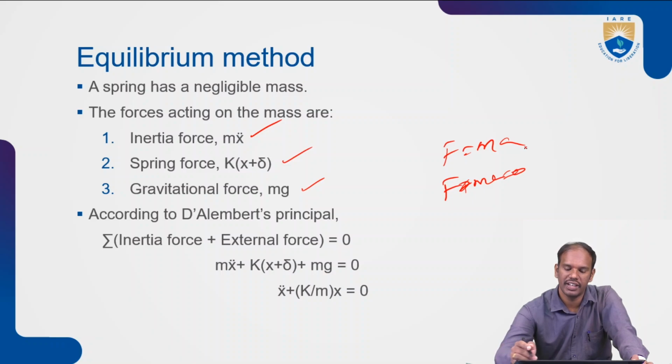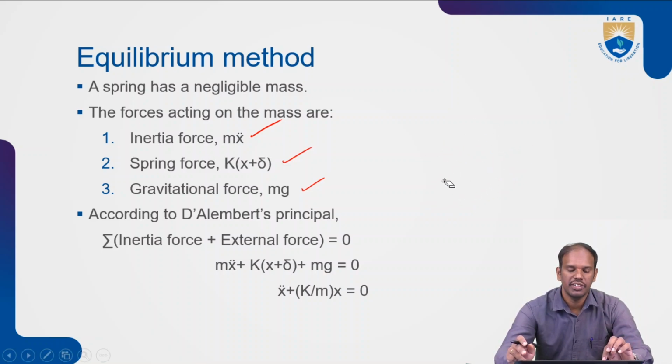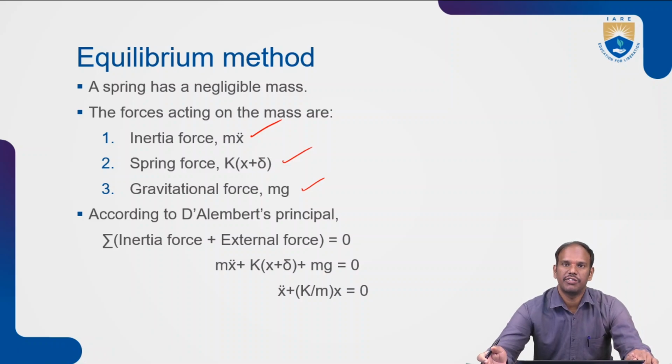The internal forces, inside the system, plus the external forces, whatever external forces are given, should be equal to zero. Whatever force is given and how much energy has been absorbed should be equal, and only then will it be zero, right?